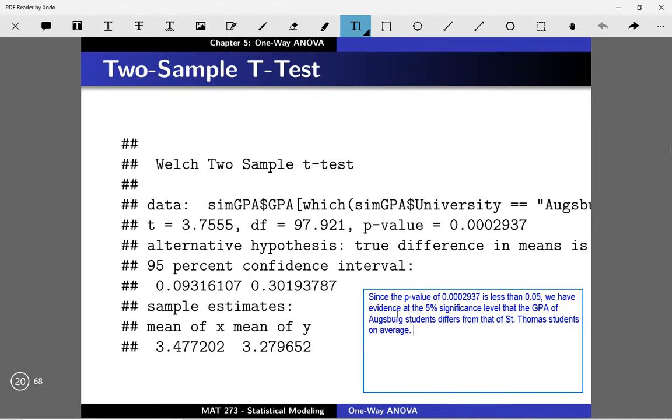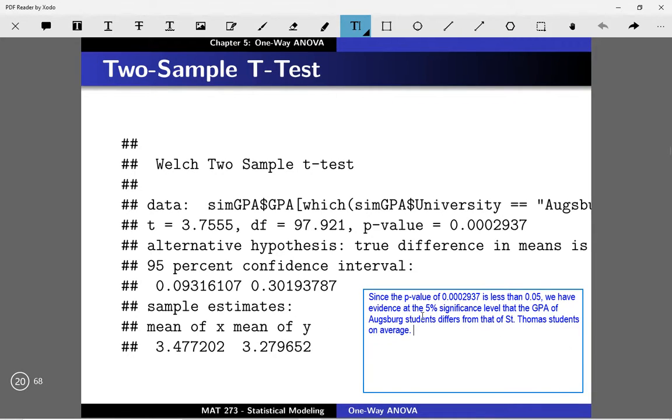All right, and actually what we can see is that because the confidence interval is entirely positive and we had Augsburg students first, we can actually say that Augsburg students have a higher GPA on average. So we can also look at the sample means here to determine that. This is the average GPA for Augsburg students, average GPA for St. Thomas students. So they're different, but which one's higher? So that's important to mention.